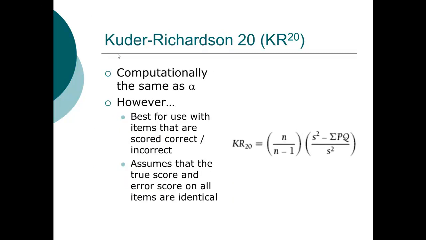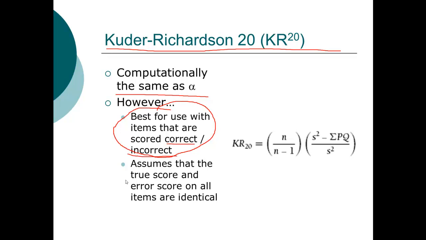And if that wasn't bad enough, look at your Kuder-Richardson 20. Computationally, it's about the same as the Cronbach alpha, but this is better to use where there is a correct or incorrect response.